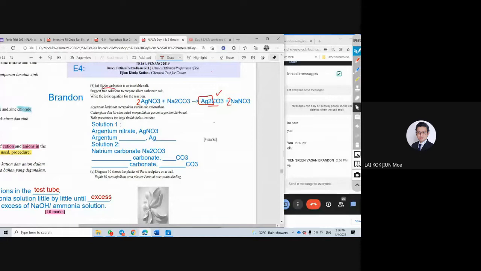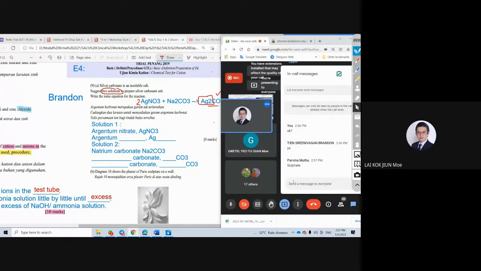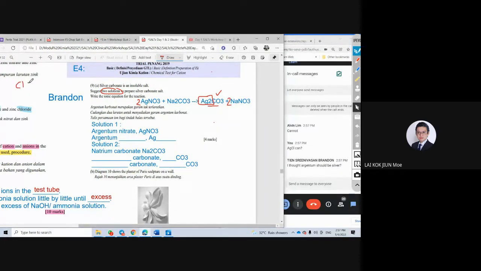So 2 solutions. So for these 2 solutions you can use AgNO3, or any solution that is soluble. You don't want nitrate, you can use Ag what? Can I use Ag chloride? Can use? Why cannot? Then you remember, Julie goes to Ali's house, cannot.